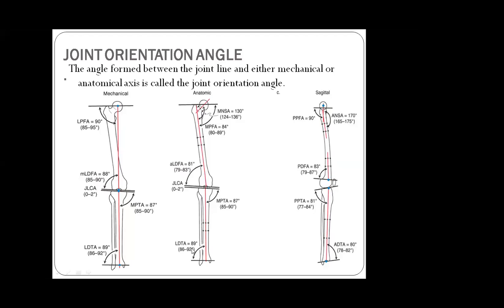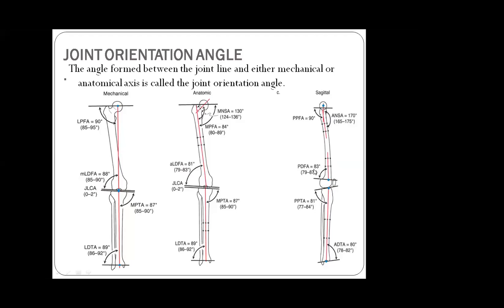Okay. Similarly, the mechanical axis is drawn mostly in the frontal plane, and the anatomical axis is drawn both in the frontal plane as well as the sagittal plane. So in the sagittal plane, we will take the anatomical axis into consideration. So posterior proximal femoral angle would be 90 degrees. Anterior proximal femoral angle would be 170 degrees.